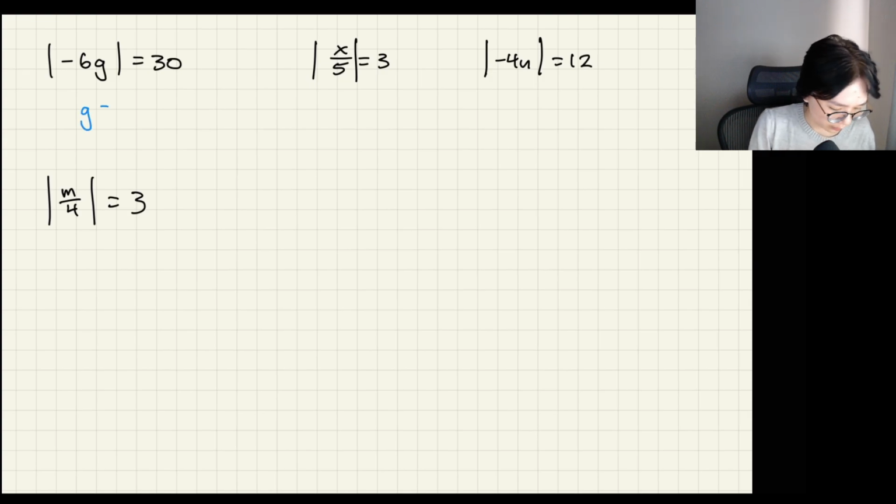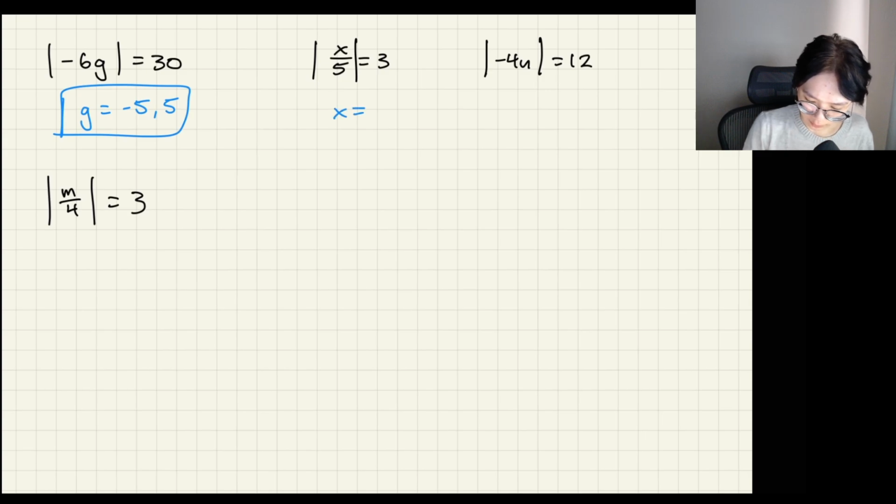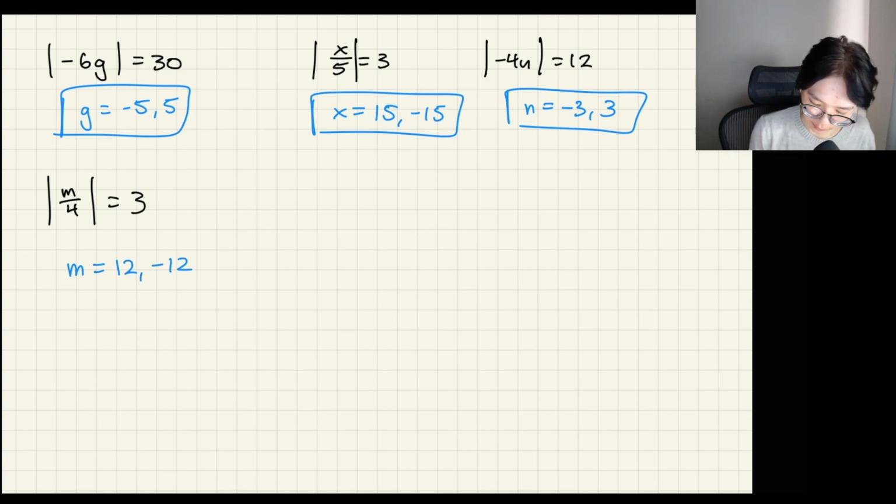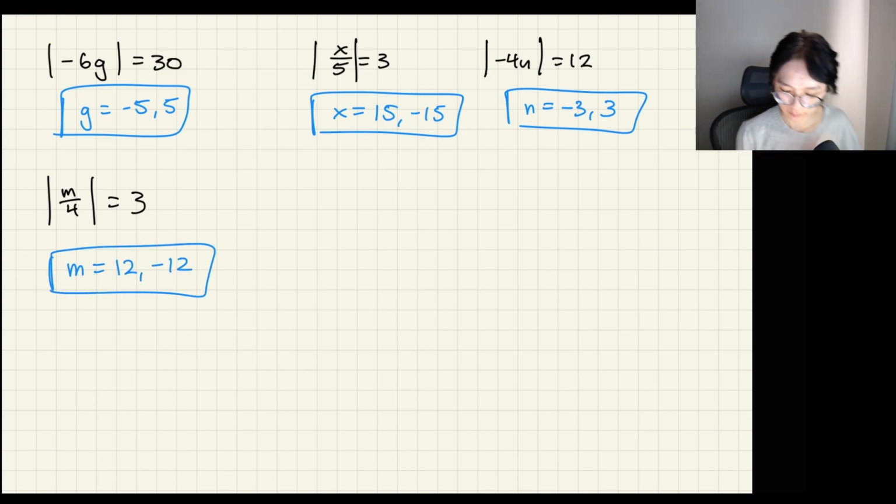So we have g over here is equal to negative 5, comma 5. X over here is equal to 15, comma negative 15. N over here is equal to negative 3, comma 3. And m is equal to 12, comma negative 12. So just some practice for you, if you want to try to do those on your own.